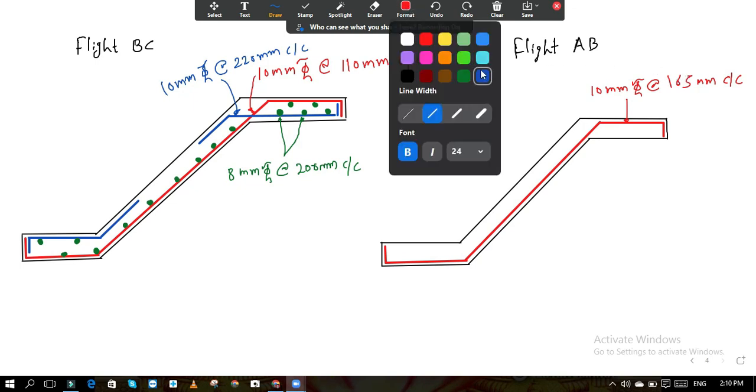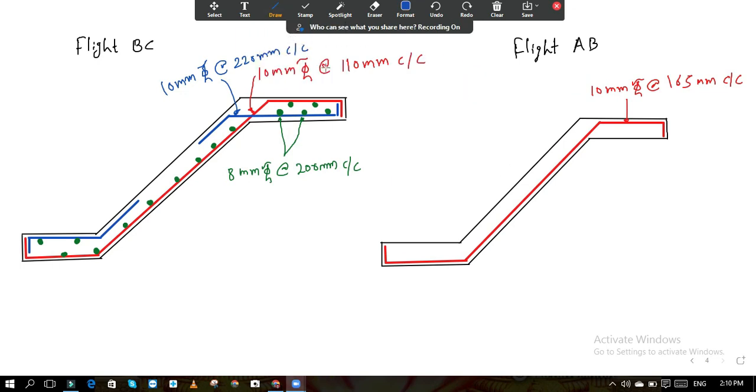Then we will draw top extra bars. So the first top extra bar will be like this. Okay, so this is the top extra bar. Now this bar will be anchored over here.